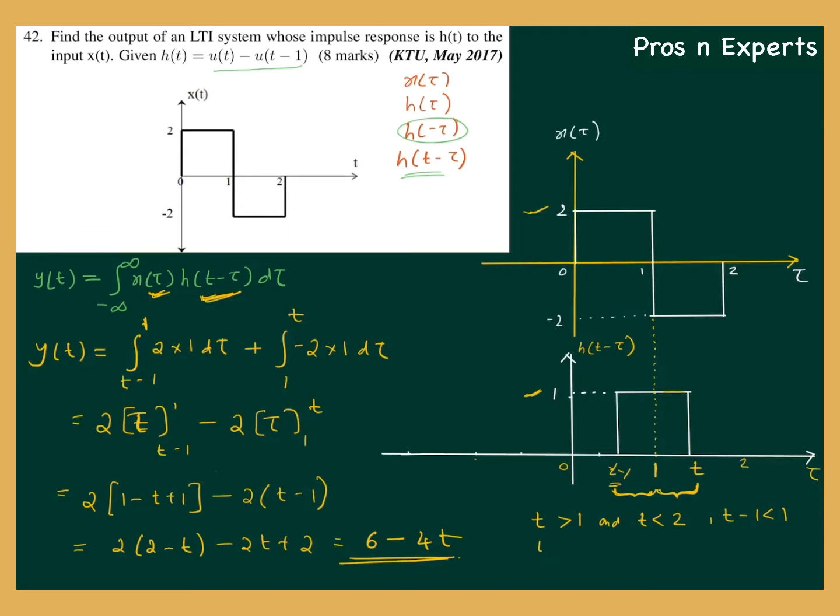Combining this, we can write t greater than 1, t less than 2, and t less than 2. These two are redundant, so you have to consider only one. So t greater than 1 and t less than 2. That means this is valid in 1 less than t less than or equal to 2. So that is the next condition of the output: y of t equal to 6 minus 4t for the interval 1 less than t less than or equal to 2. So I can consolidate it.